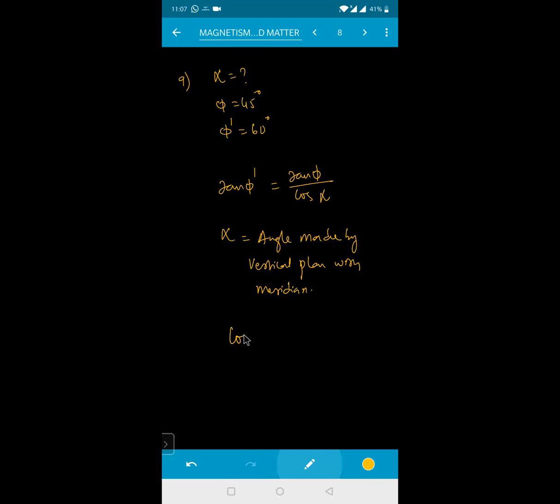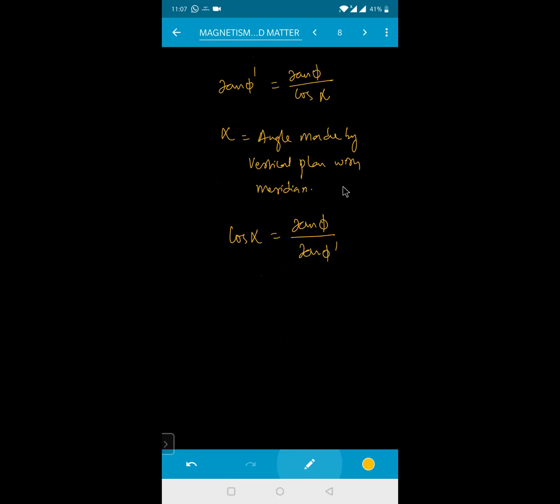So I need to get the value of cos alpha. Cos alpha is equal to tan phi divided by tan phi dash. The phi value is 45 degrees and the phi dash value is 60 degrees. Tan 45 is how much?